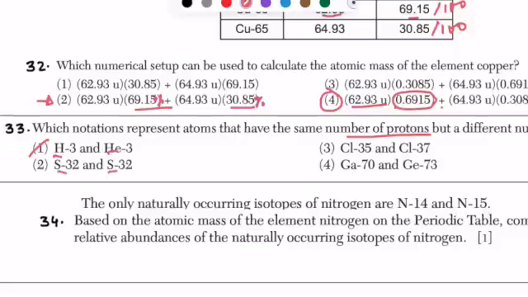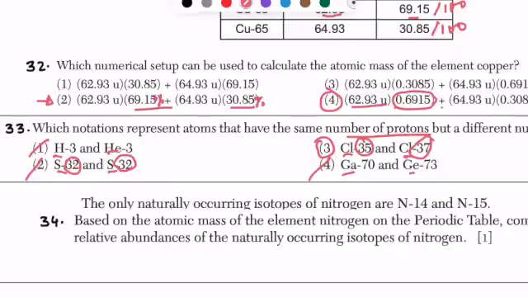See sulfur and sulfur, although it's the same element, the mass is also the same, that means they are not isotopes. If you see chlorine and chlorine, same element, and they have different numbers of neutrons, so these could be isotopes. Then here you have Ge and Ge, they're different elements, so not your answer.